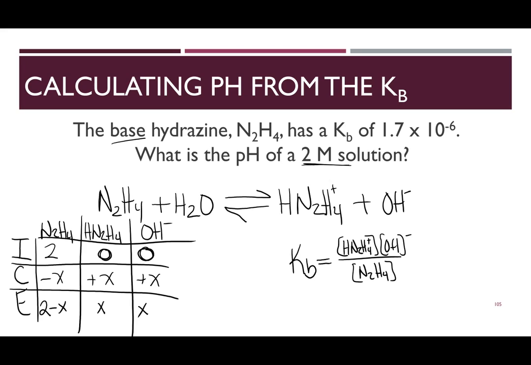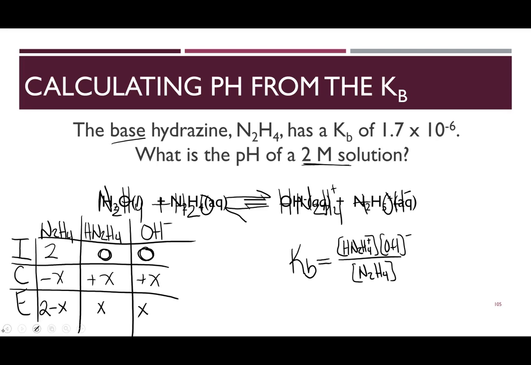Okay. Now we are ready to plug through this problem. So our Kb value is, just click back real quick, 1.7 times 10 to the negative 6.